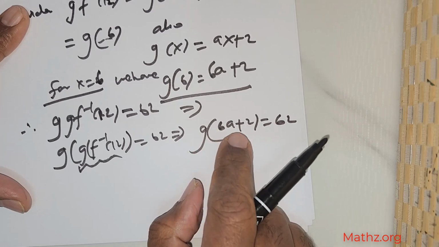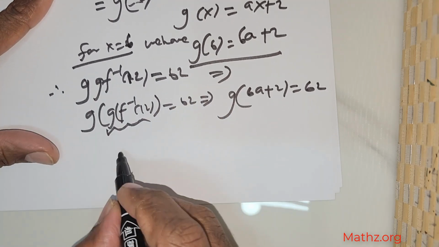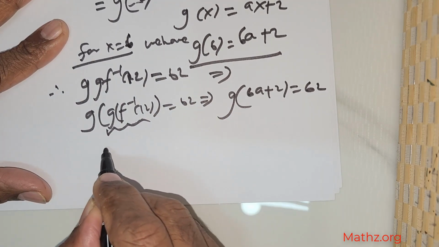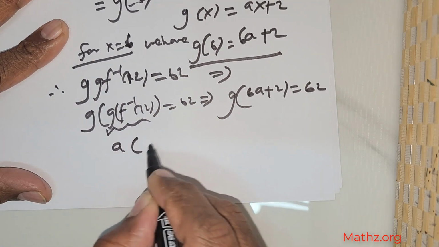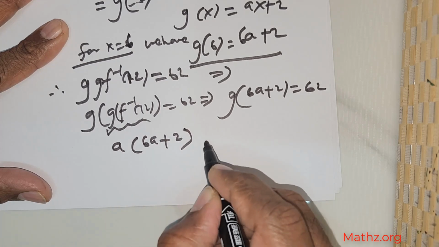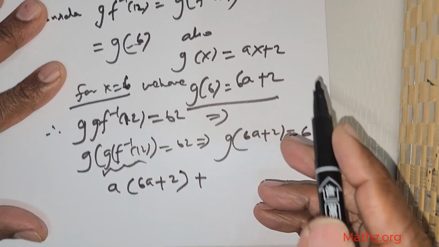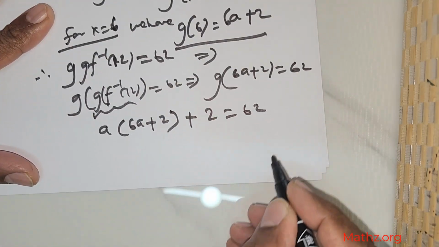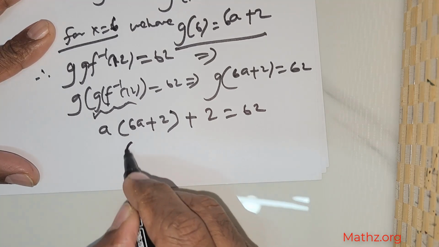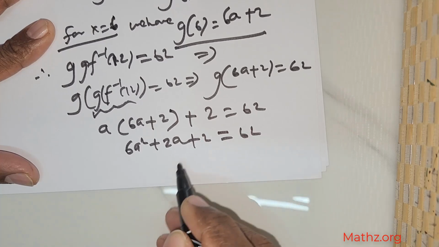Now in place of x we substitute this, so this is going to be a of 6a positive 2 is equal to 62, and 6a squared positive 2a positive 2 is equal to 62.